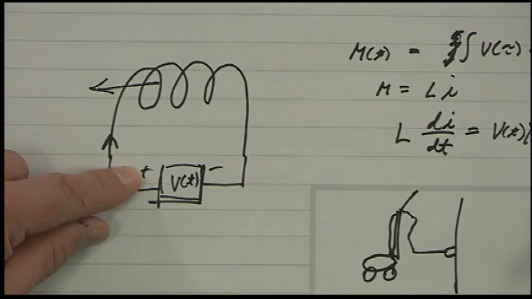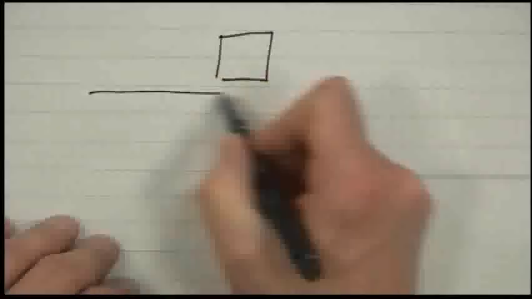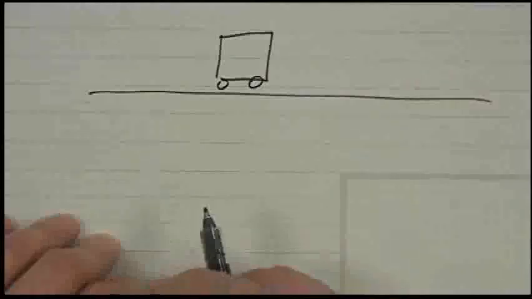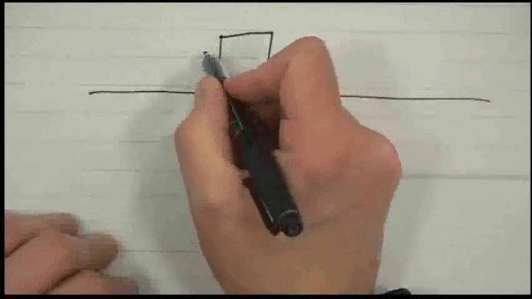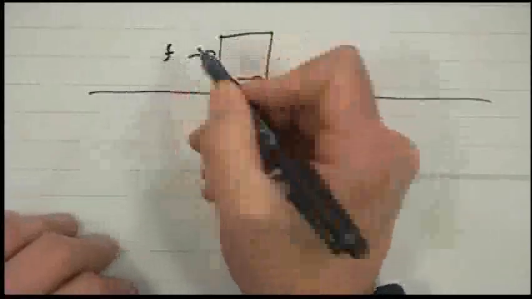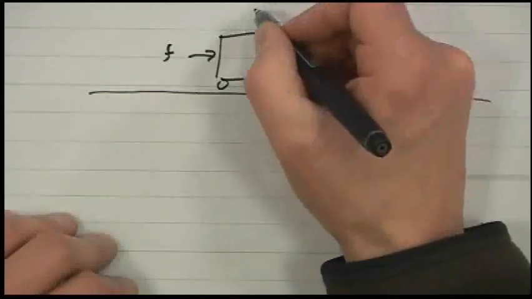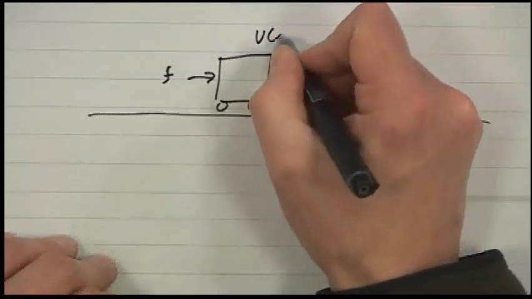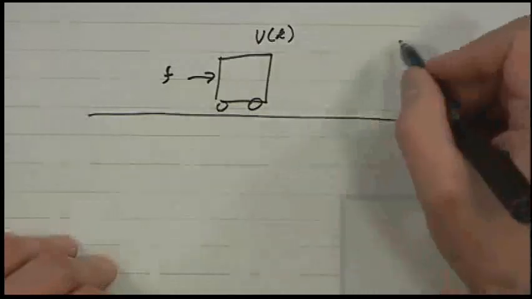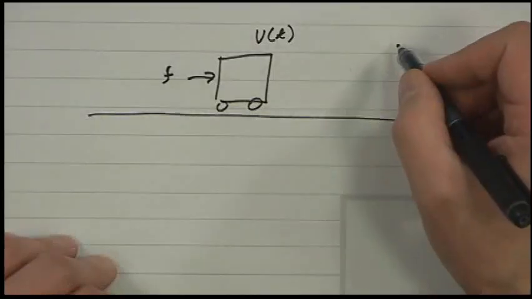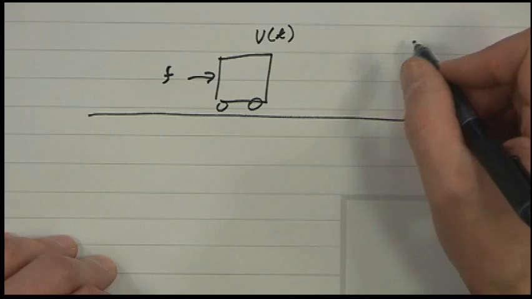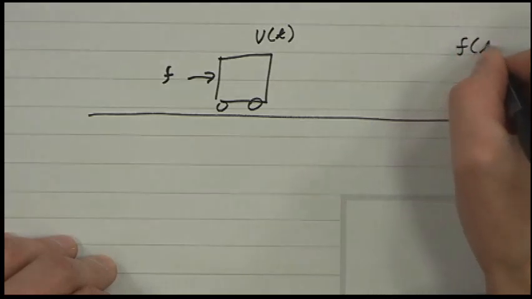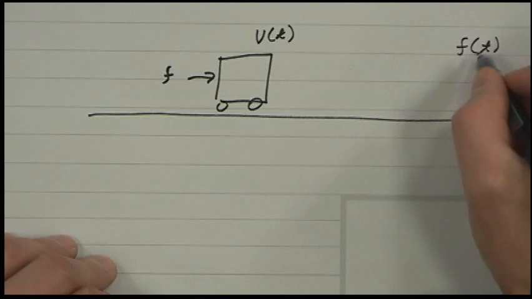It's as if you had a mass on a frictionless surface, with little wheels, and you apply a force, F. The acceleration is the force, F of t, divided by m, the mass.